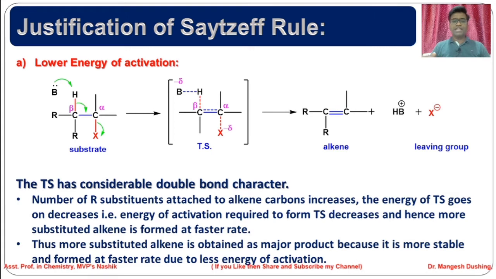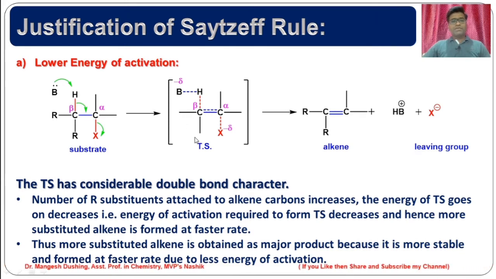So the energy of activation required to form the transition state is decreased, and hence the more substituted alkene is formed at a faster rate. As we know, more substituted double bonds are more stable.